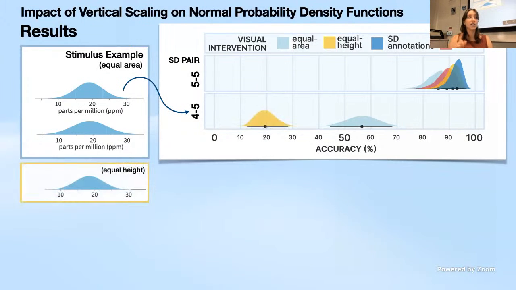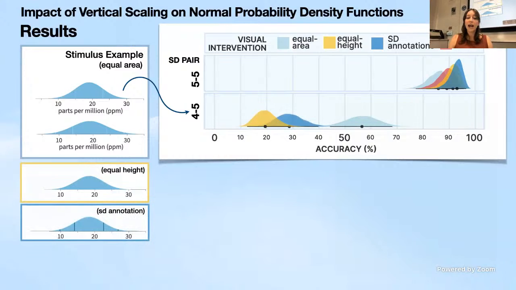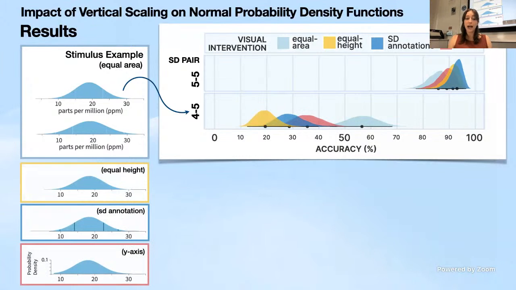And when we compare that to equal height plots, which again, we have an inset shown on the left, we can see that the equal height plots comparison accuracy drops a lot down to the 10 to 30% range. When we add in standard deviation annotations to our equal height graphs, it increases accuracy a bit. And when we add in a y-axis to our equal height graph, it also increases accuracy a bit, but nothing to be on par with our equal area plots.